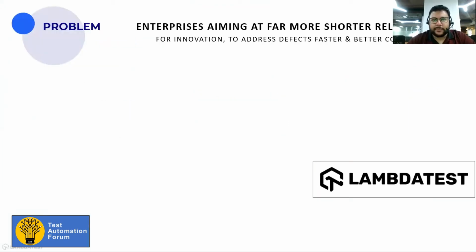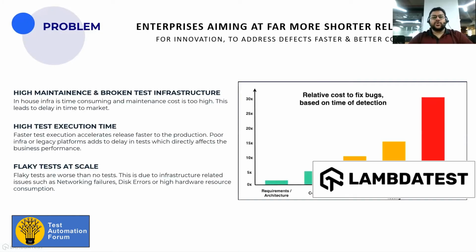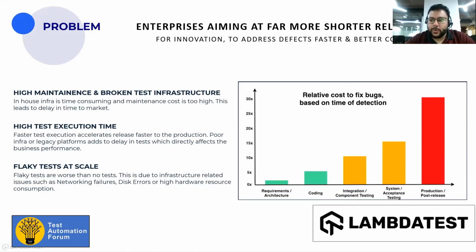So what does LambdaTest help out with? Even in 2021, one of the biggest challenges when it comes to test automation is related to infrastructure. We need a high performing, at-scale infrastructure that can help in the overall test execution cycles and in the overall test release as well.